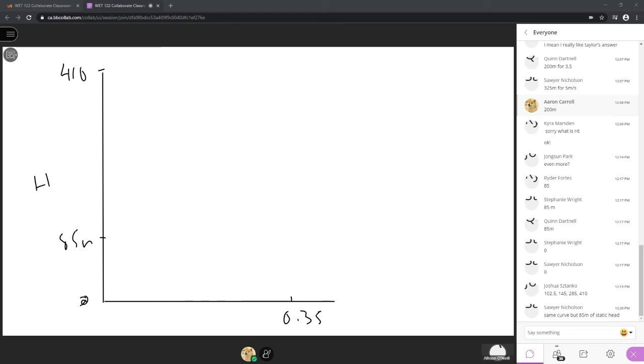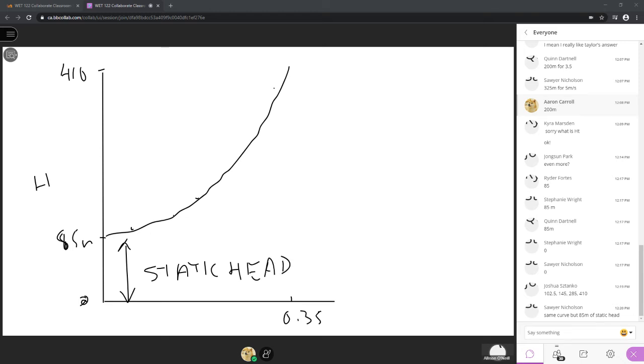You'll graph out your points, but you'll end up with a curve that is the exact same shape as the previous curve, but it starts at 85 meters. So this is your static head. And this requirement here, which includes your static head, is your total dynamic head.